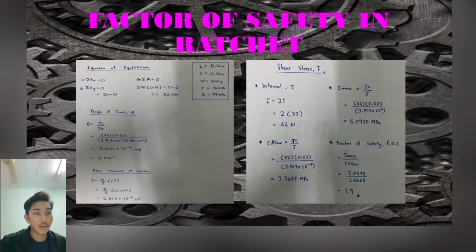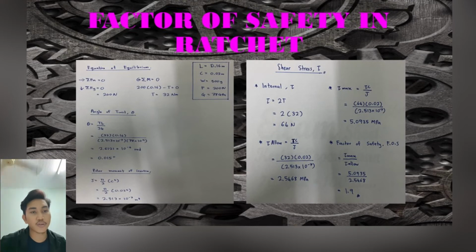Now I put the force Fy equal to 200 Newton, and the distance is 0.16 meter. 200 times 0.16 minus T. T means stop. So 32 Newton meter.